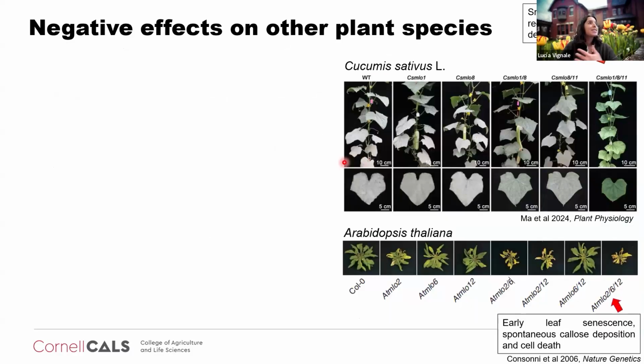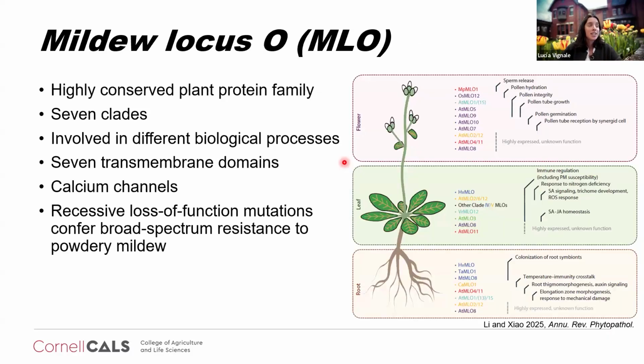For some plant species, there are no negative effects of mutating these genes. These work recessively, so you have to mutate the 2 copies of a gene, or all the genes that are in clade 5, for the dicotyledonous plants.